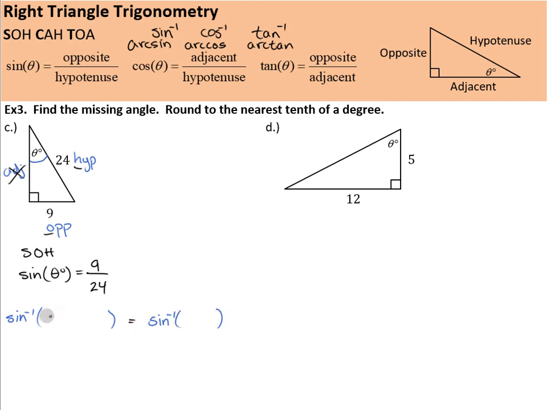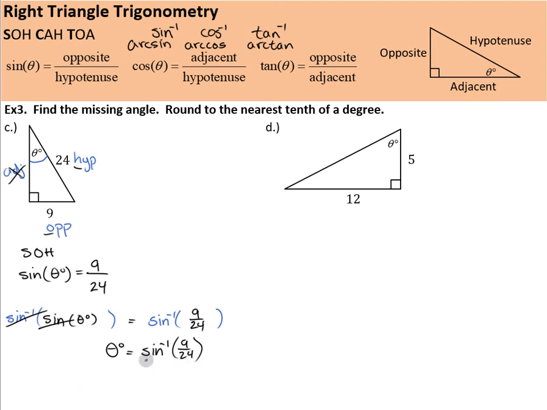We take the inverse sine of theta and the inverse sine of 9/24. So here, the inverse sine and sine cancel each other out. And we're just left with theta degrees is equal to the inverse sine of the fraction 9/24.